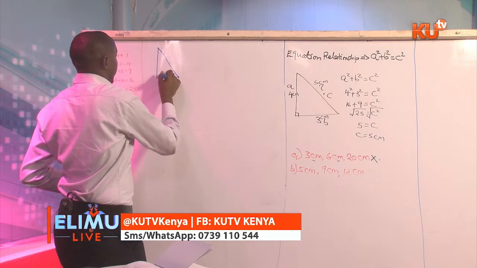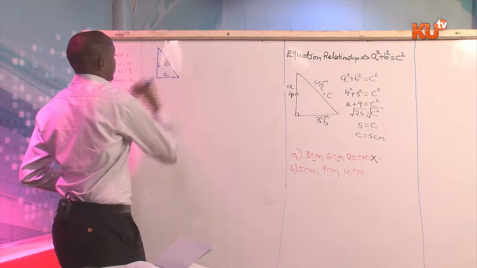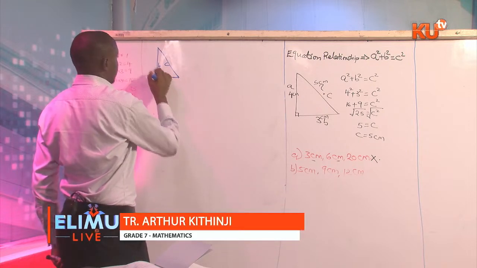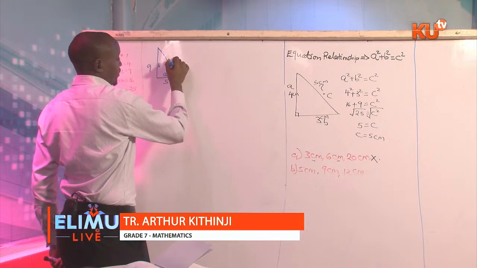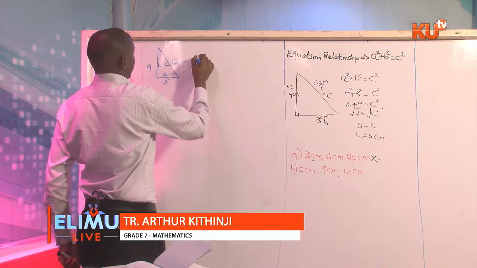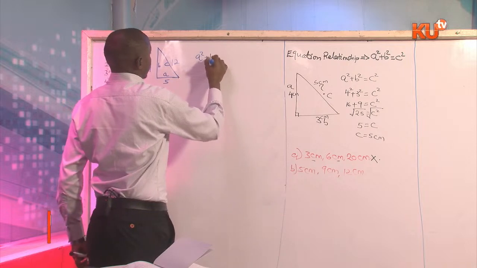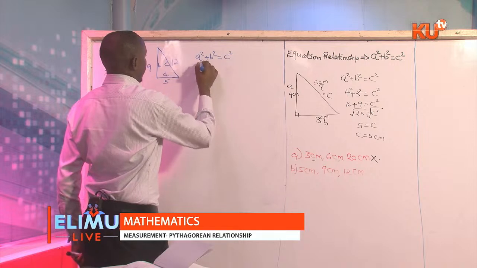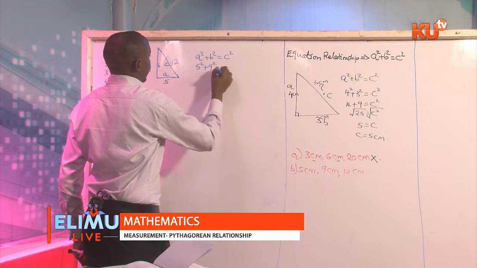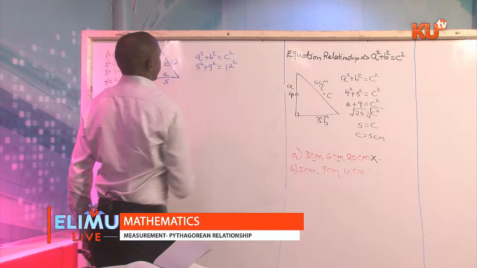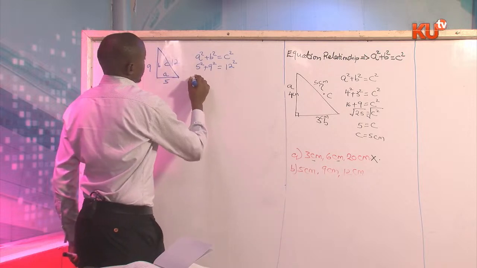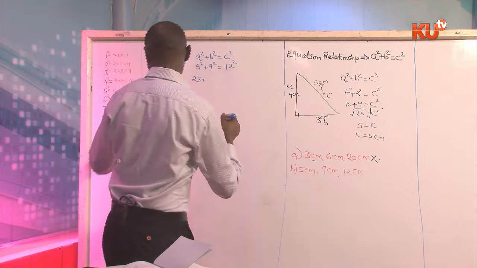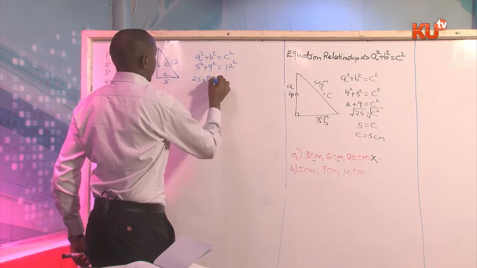Let this be our A, this be our B, and this be our C. So we have 5 centimeters by 9 by 12. Therefore, A squared plus B squared is equal to C squared. A is 5, so 5 squared plus 9 squared is equal to 12 squared. 5 squared is 25. 9 squared, from these, we have seen is 81.